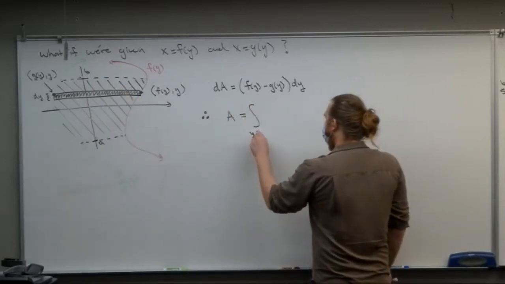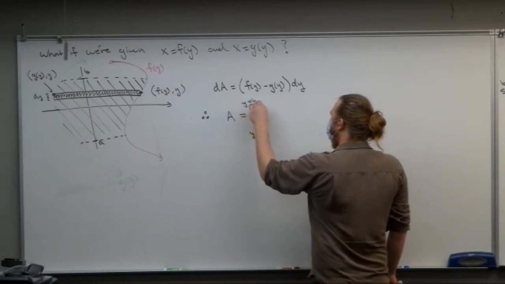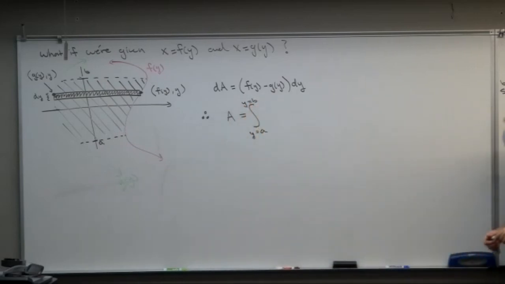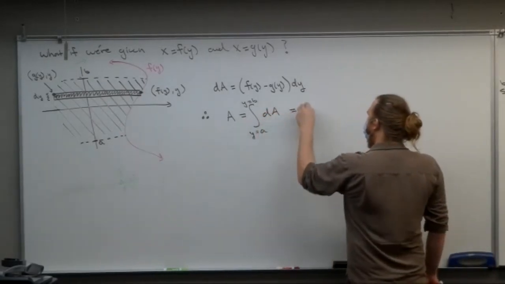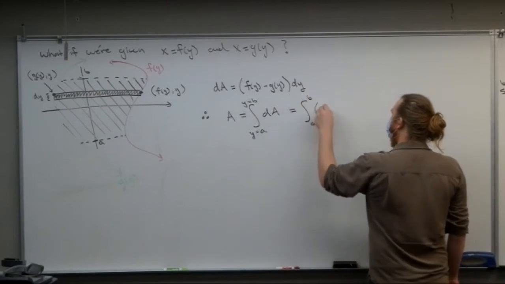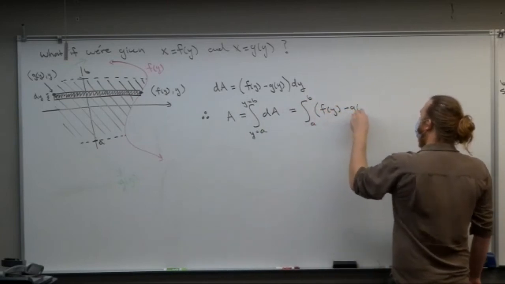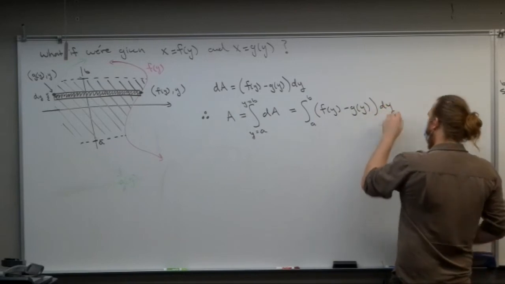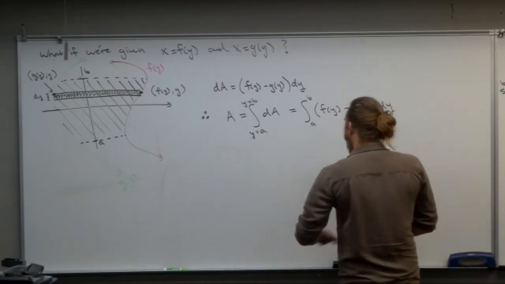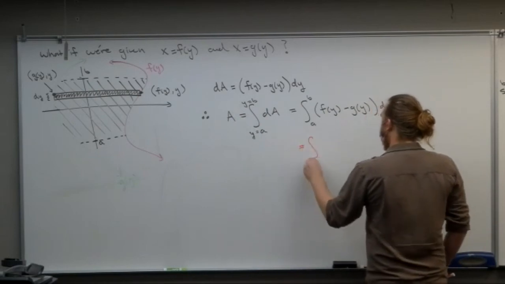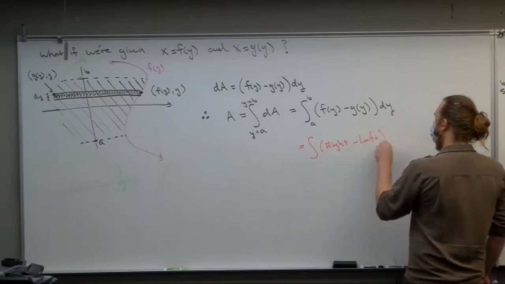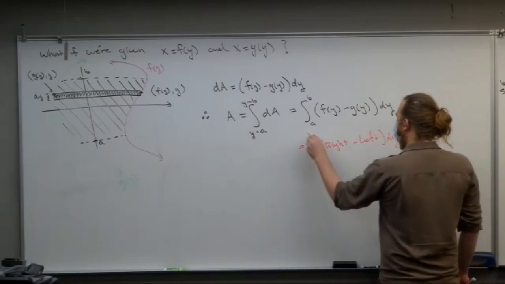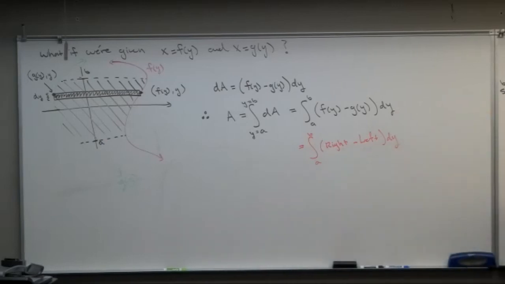I'm going to write it as y equals a to y equals b, just to emphasize that they're y values, of dA, which is the integral from a to b of f of y minus g of y dy. In other words, you just integrate the right minus the left. And the integrals are done dy. The bounds need to be y values again. So I'm not sure we're really clear on that.